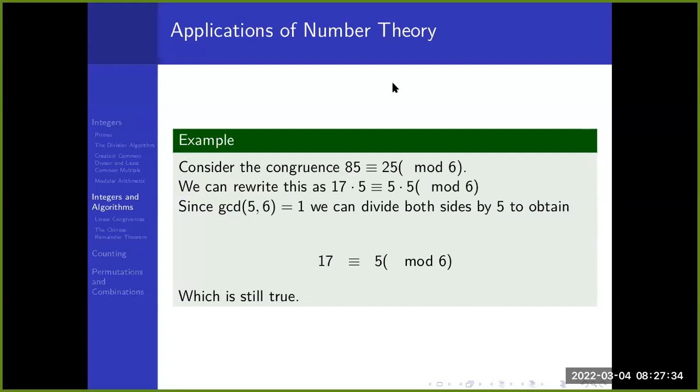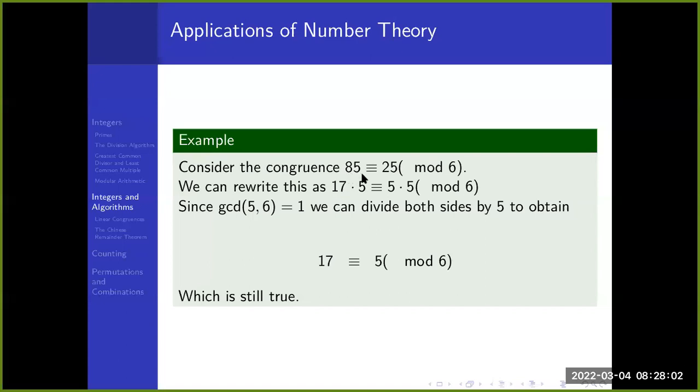For example, here is a congruence. We have 85 is congruent to 25 modulo 6, since 85 minus 25 is divisible by 6. So this is true. But we want to see, can we cancel out and still get another congruence that is true?